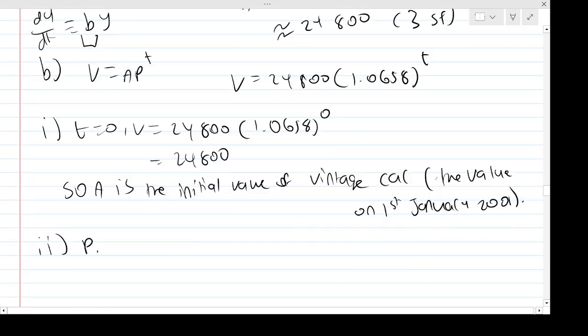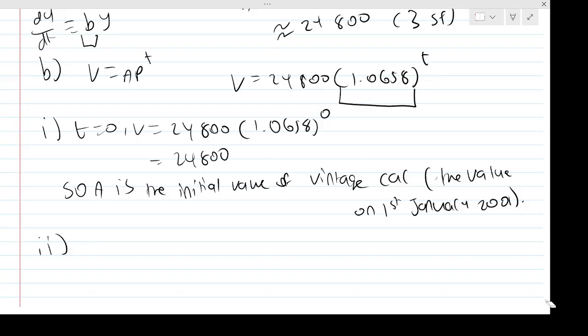So this number here, this 1.0658, is saying that the value V is increasing by 1.0658. It's being multiplied.